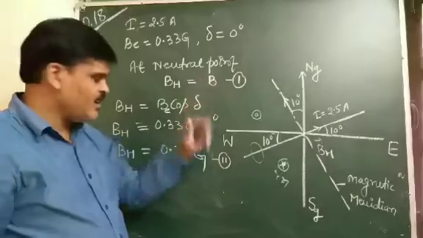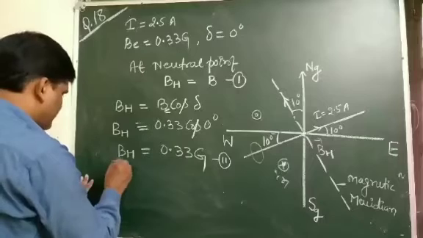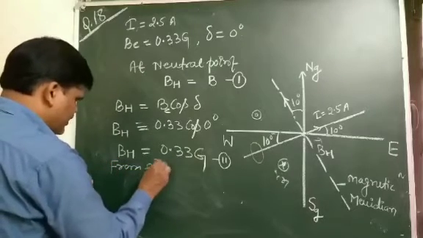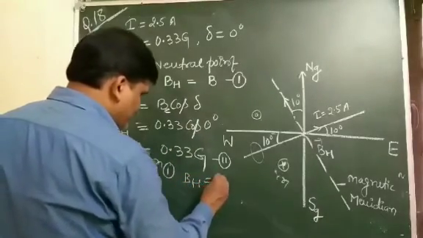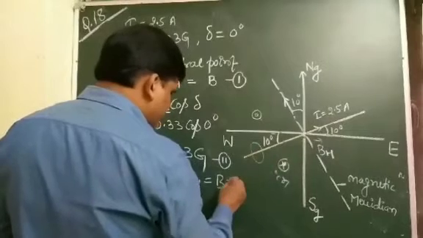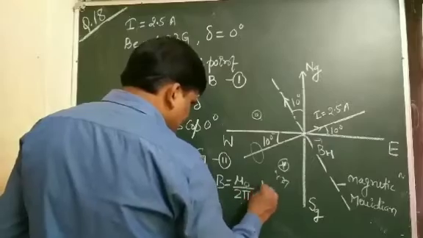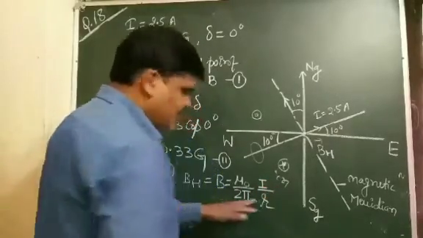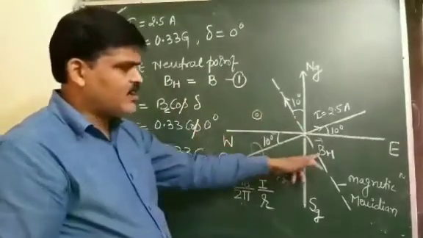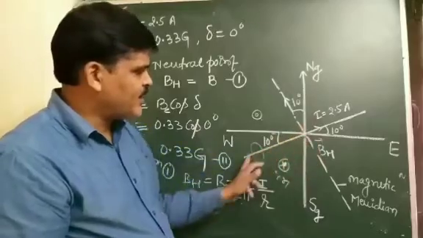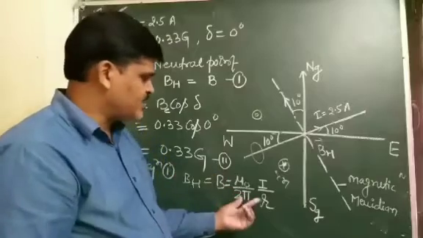So at neutral points, the horizontal component of Earth's magnetic field is equal to the magnetic field produced by the straight current carrying conductor. And students, we know from equation 1 that BH is equal to B, the magnetic field due to a straight current carrying conductor, which is mu naught I by 2 pi R. R is the point just parallel to and above the cable, where the horizontal component of Earth's magnetic field and the magnetic field produced by the straight current carrying cable are equal in magnitude but opposite in direction.